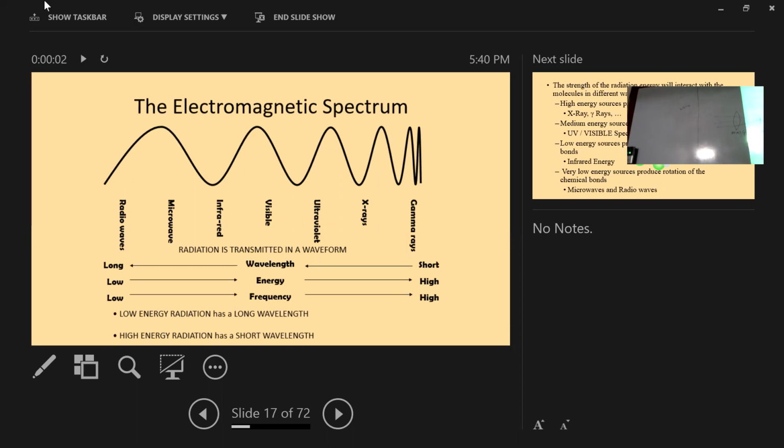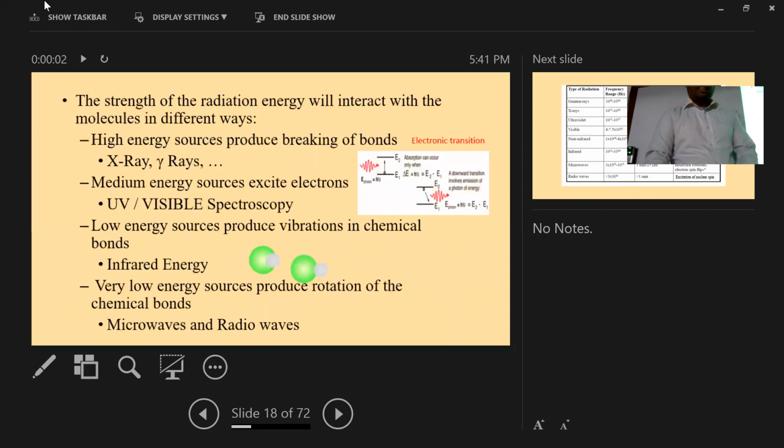It can break up here, even something here in this way. Depending on the energy we apply, the molecules will behave differently. A high energy source produces breaking of bonds, that means X-ray, gamma ray. If we apply this energy to the molecule, it can decompose the molecule.